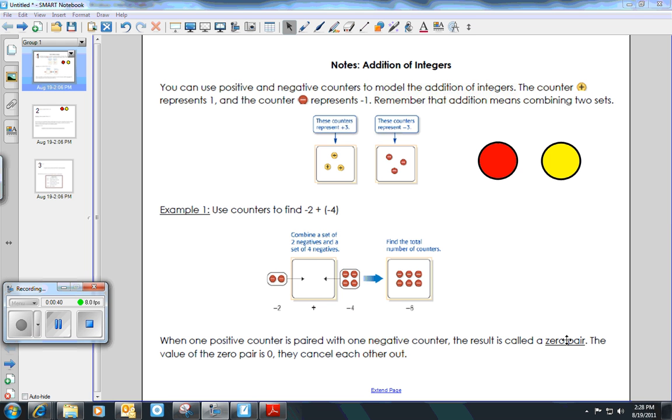One thing that we want to remember about negative numbers is that the subtraction sign and the negative sign mean the same thing. Okay?